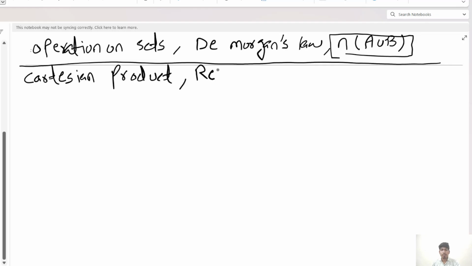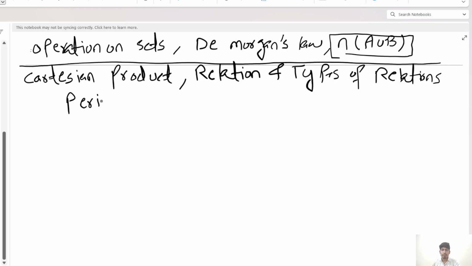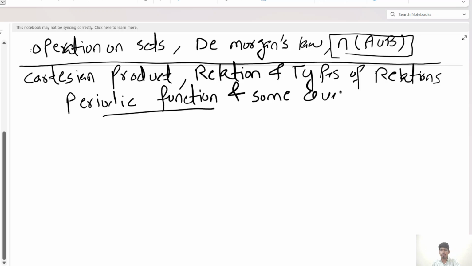Next thing is relation and types of relations, and periodic function, and some questions on periodic functions also in relation. So let's start our lecture.